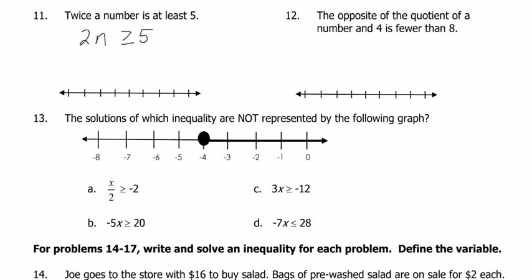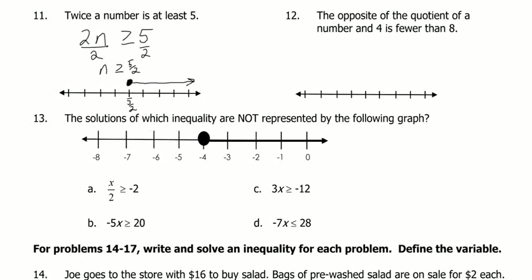So that means that 2n can be bigger than or equal to 5. So we divide each side by 2, and n needs to be greater than or equal to 5 halves. So we do 5 halves with a closed dot above it, and n needs to be bigger than that. So we're going to go to the right.